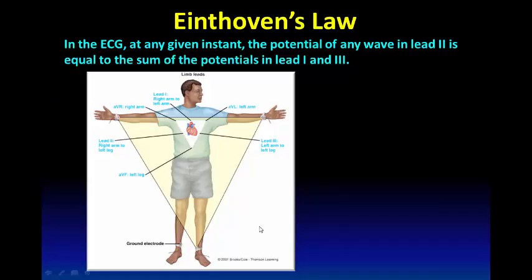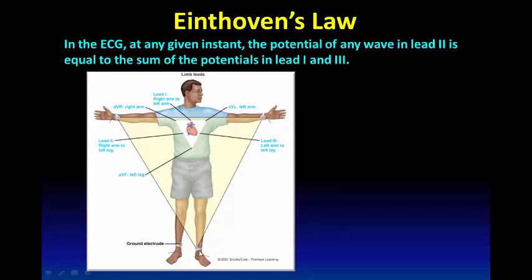So this is the vector of lead 1, and this is the vector of lead 3, and this is the vector of lead 2.